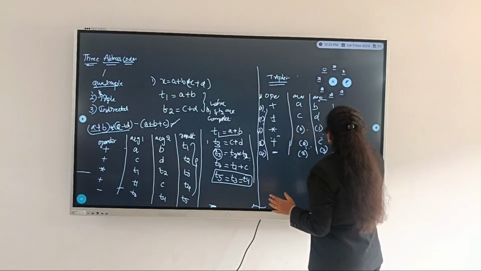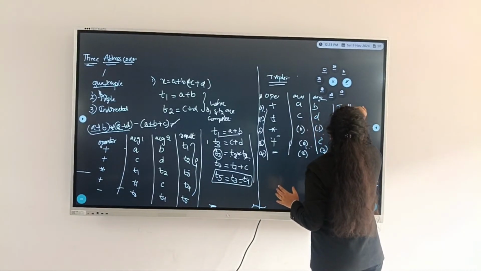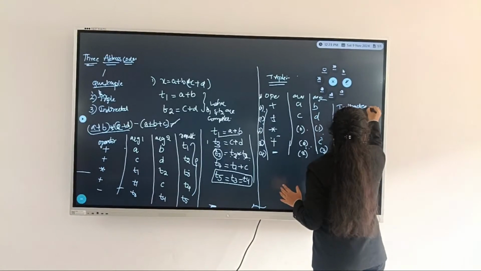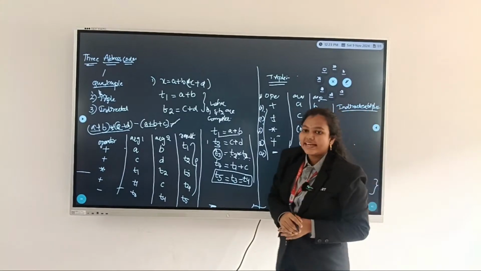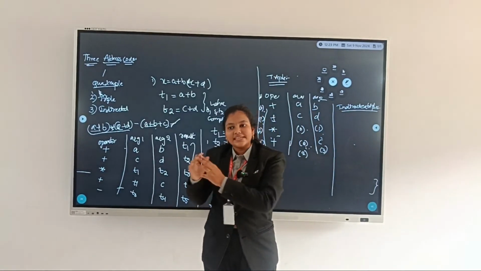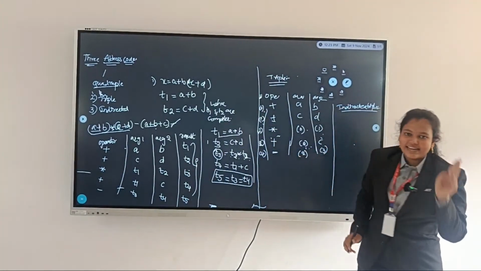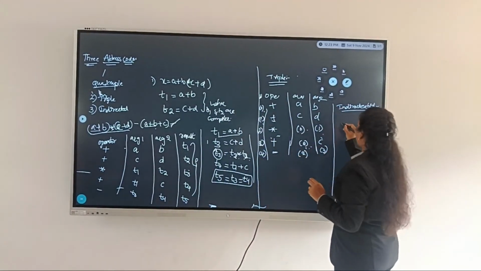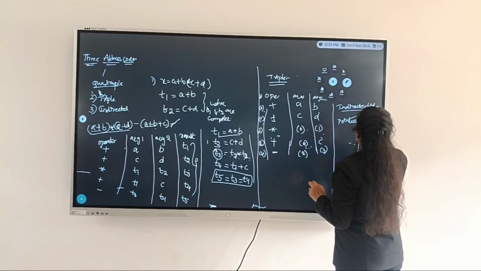Then coming to the third one, indirect triple. Indirect triple is very similar to triple, but it contains another two fields, the pointers and the address point.